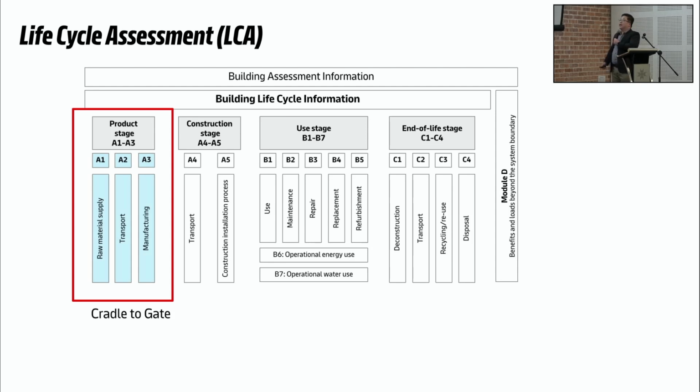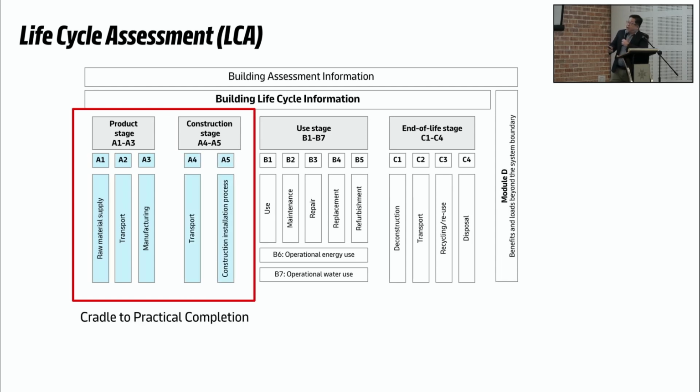First thing first, if an LCA that is presented to you only expresses this part, normally this kind of assessment we call cradle to gate. From the production of it until it is ready to ship out, but not out yet. If it's covering the construction stage, it is called cradle to practical completion.